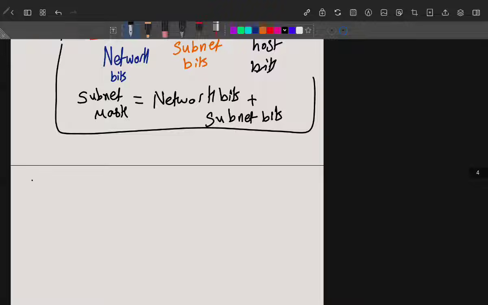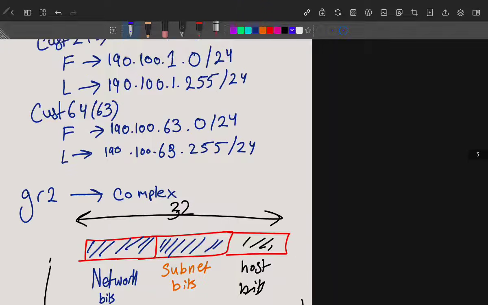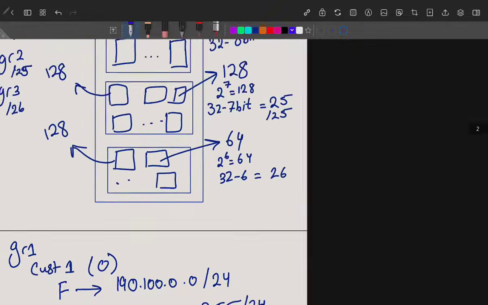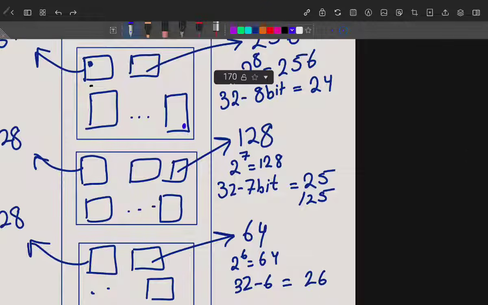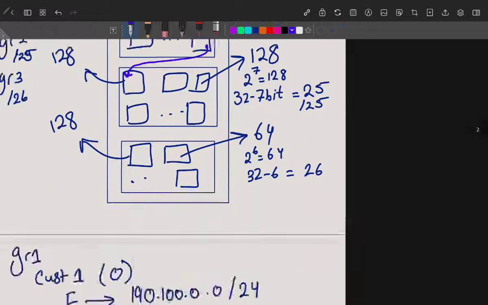Now we can go into group 2 and start solving group 2, customer 1, who in computer terms is 0. So we start with the first address. Remember they are always contiguous, so the address after the last customer within the first group will be the first address for customer 1 in the second group.